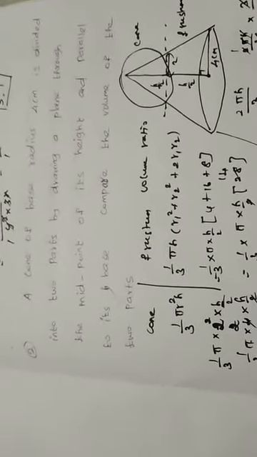So their ratio is 1:7. So the volume of cone divided by the volume of frustum, with their heights h by 2 and radii 2, 4, using this we can find. Thank you.